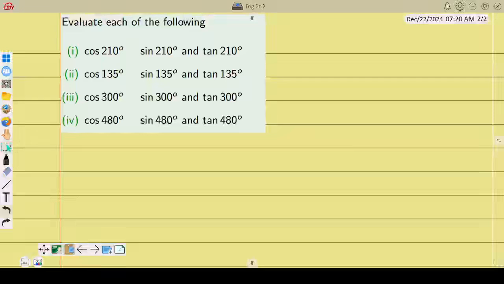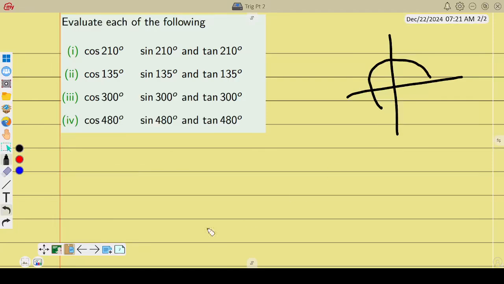Okay, so here is the work. They say evaluate cos 210. This is a lot, but this is where the next lesson will start from. But I believe you can manage. If you even want to be perfect at math, you always start with drawing this quadrant diagram. So 210 is here.